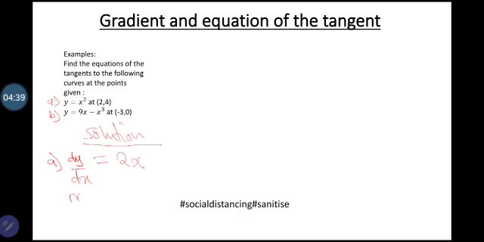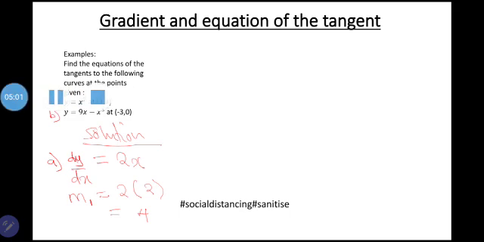So to get our gradient, m1 is equal to 2 times, we substitute x with the value of x in the coordinate given, which is 2, and that will give us 4.